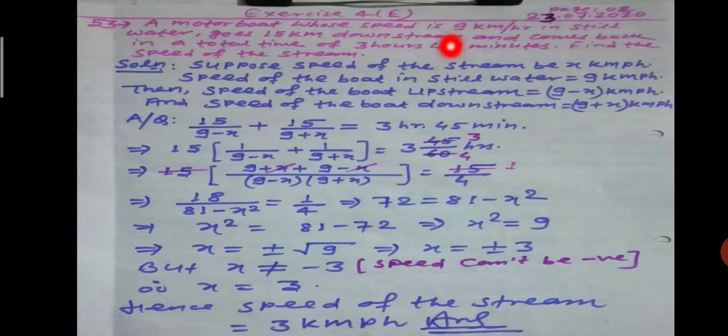Now he goes 15 km downstream and comes back 15 km upstream.